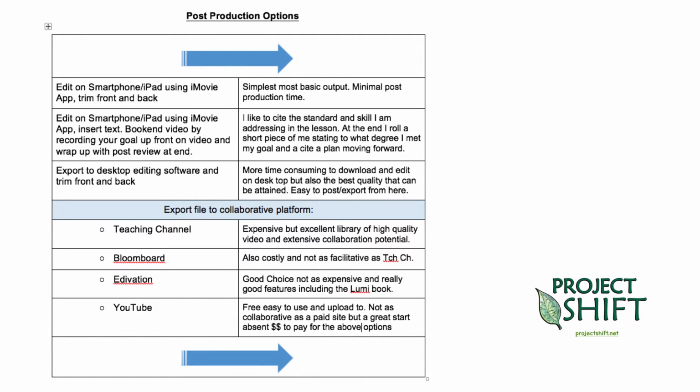It's nice to have a one-stop shop where you can do everything on this one site that needs to be done, where you can collect artifacts, you can collaborate easily with others, add them, and you have good privacy settings. That's important. Teaching Channel is a great site. It's expensive. And the same with Bloomboard and Innovation. They're terrific sites. They can be expensive.